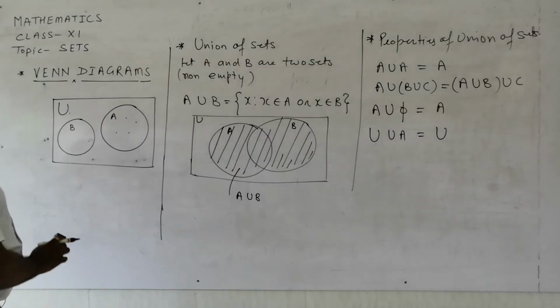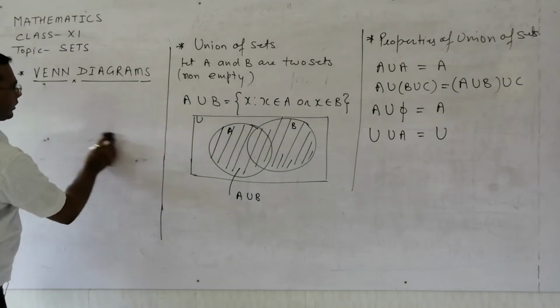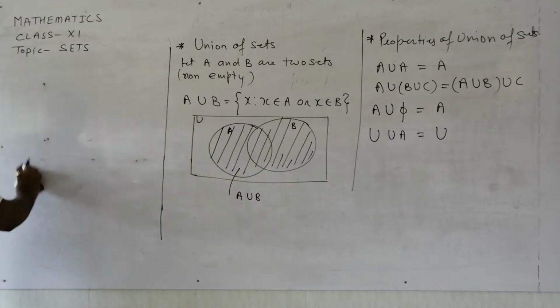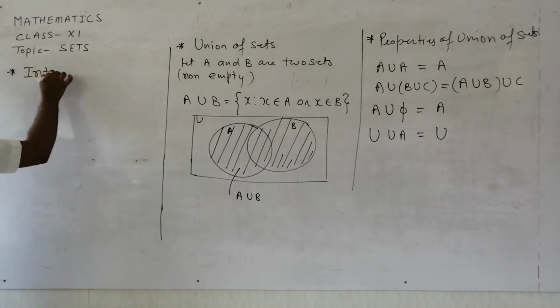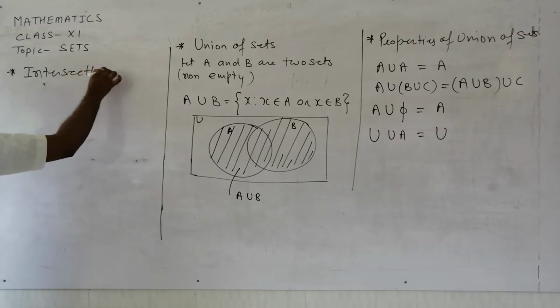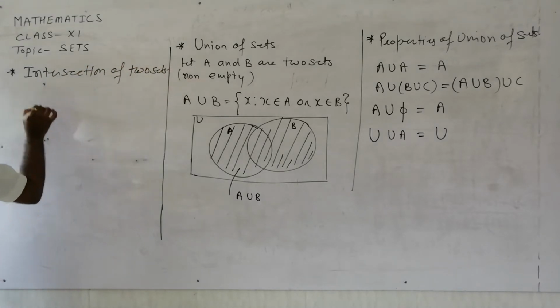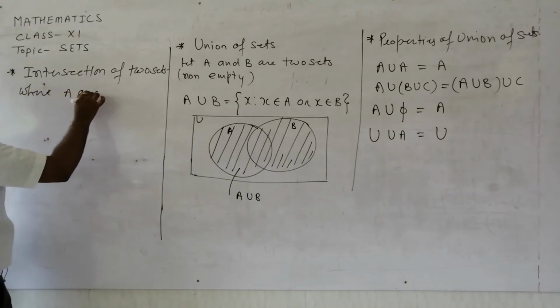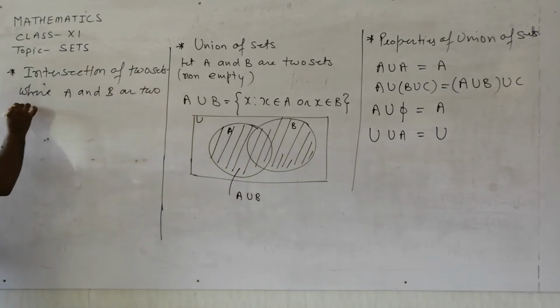Then similarly one more notation we use is called the intersection of two sets. This relation also we can represent by a Venn diagram. Where we can say A and B are two non-empty sets.